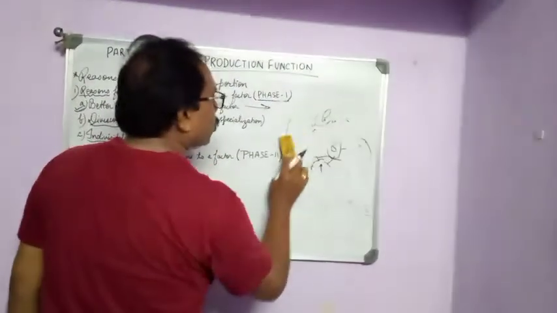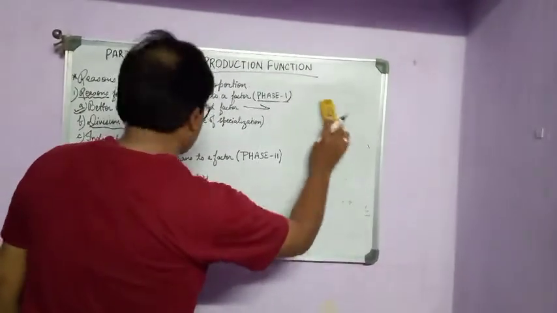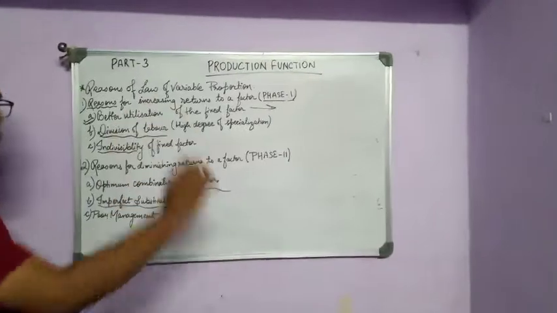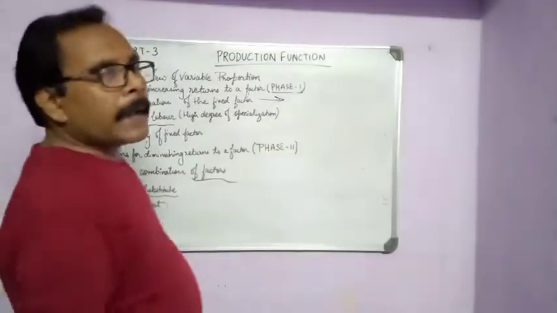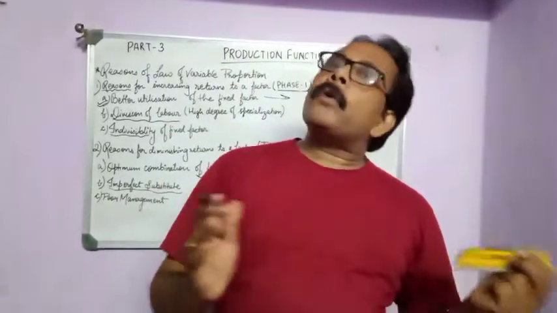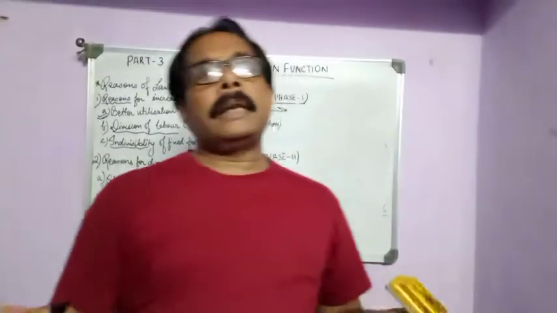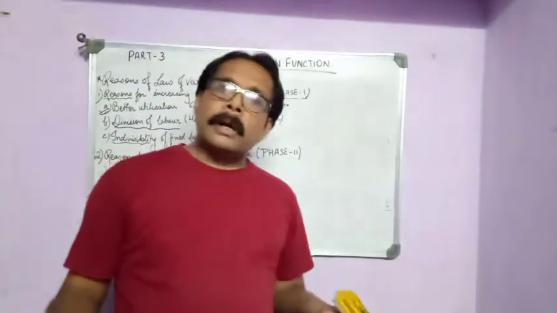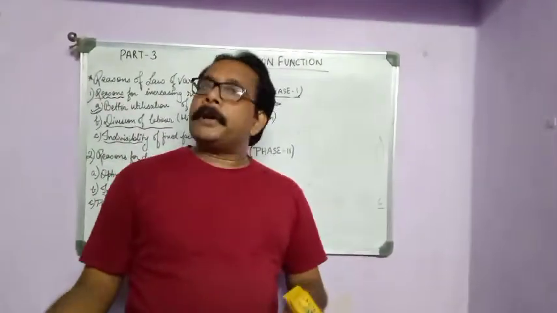Now come to the second factor. The second factor is the imperfect substitute. Okay? So as I told you, there are 4 factors of production. One is labor, next is land, next is capital, next is the entrepreneur.